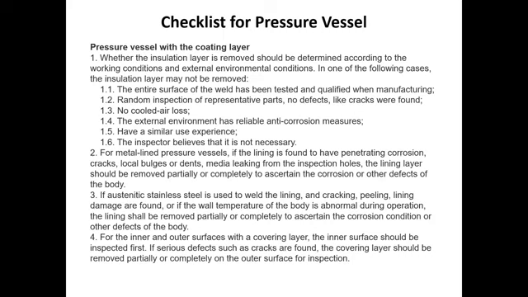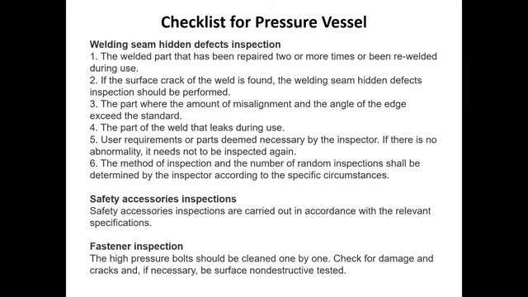Then we can check the coating layer also. We have already discussed the cladding concept, lining concept, etc. From that point of view, we have to check whether all these coatings are in good condition or not. Then there may be welding seam hidden defects, so that should be inspected.